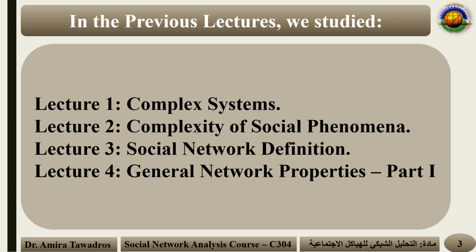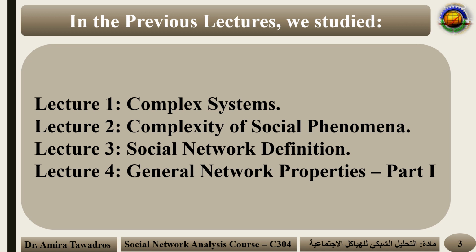Let's start with a brief review of what the previous lectures covered. In lecture 1, we discussed the concept of complex systems, and I know you studied this in the first year, but we revised it. And then in lecture 2, we studied the complexity of social phenomena.